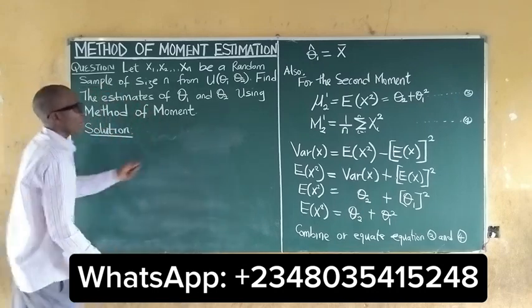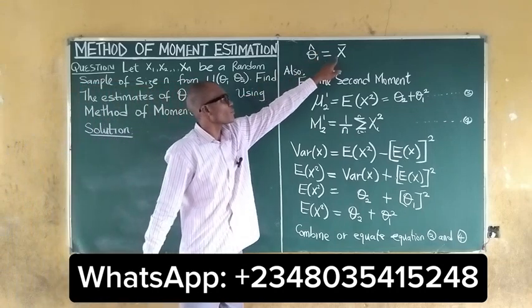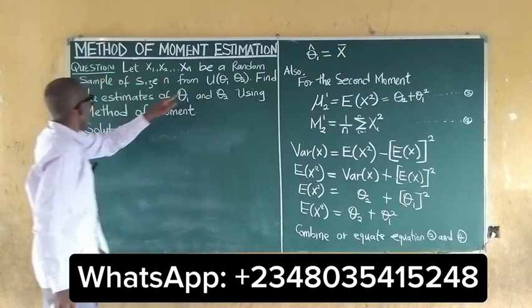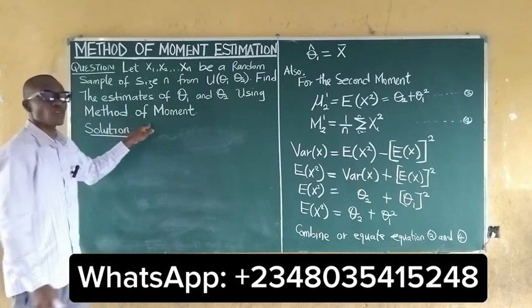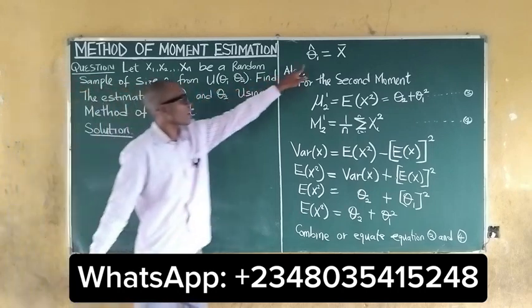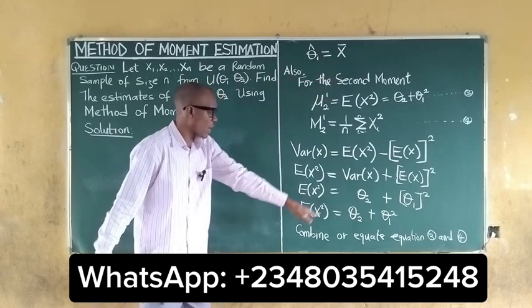Of course, we already have our theta 1 estimate to be x bar because we are asked to estimate theta 1 and theta 2 using method of moments. We have our theta 1 to be this. So we are looking for our theta 2.